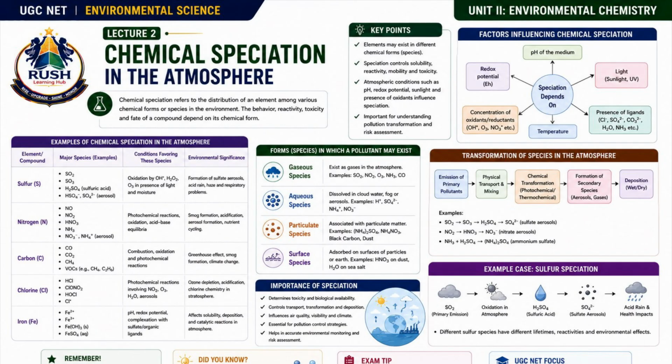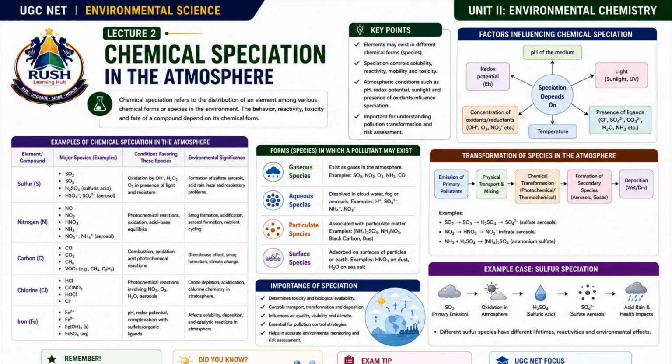The fourth reason is environmental monitoring. Monitoring chemical species provides more meaningful information than measuring total elemental concentrations alone. The fifth reason is pollution control strategies. Understanding chemical transformations helps develop effective environmental management approaches.